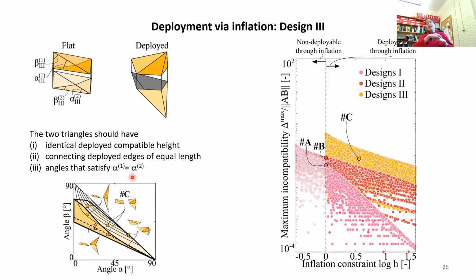And now, when we use geometry to predict the performance, the geometric incompatibility and the inflation of all the structures we can build, we see that we can realize structures with even larger geometric incompatibility. And so, since structure B was bistable, we expect this structure to also be bistable.